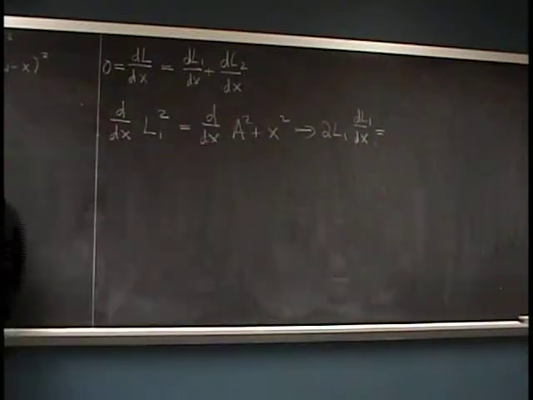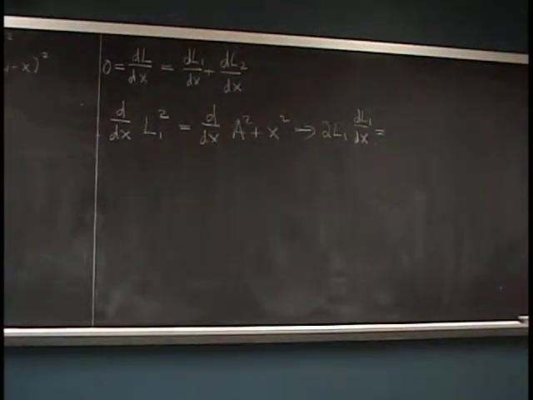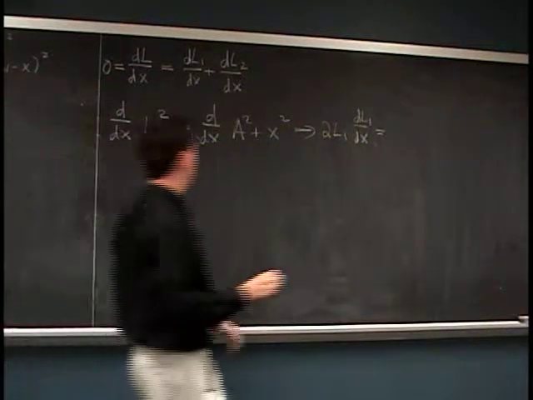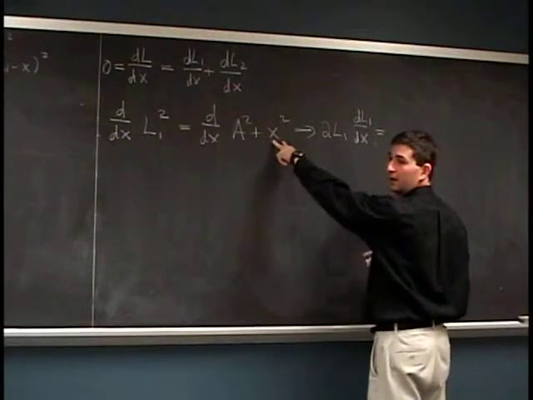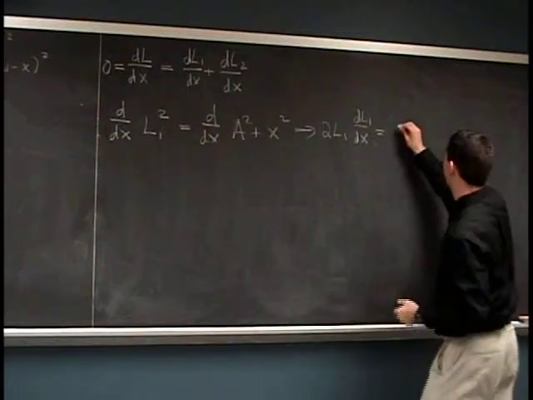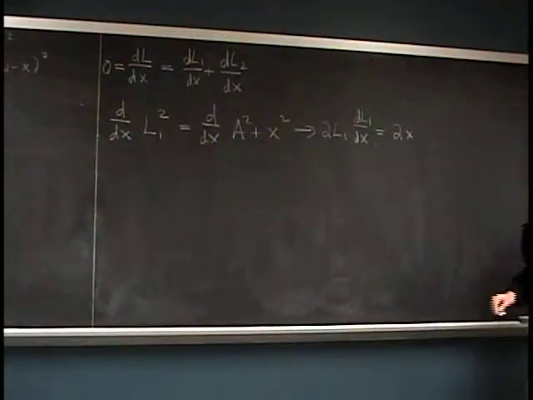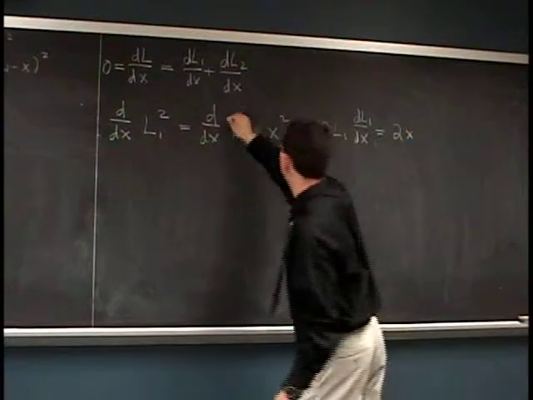What is a? These weren't just constraints, a is fixed right there. So I just get a 0 squared, and what about the derivative of x squared? Derivative of x squared with respect to x, just 2x.